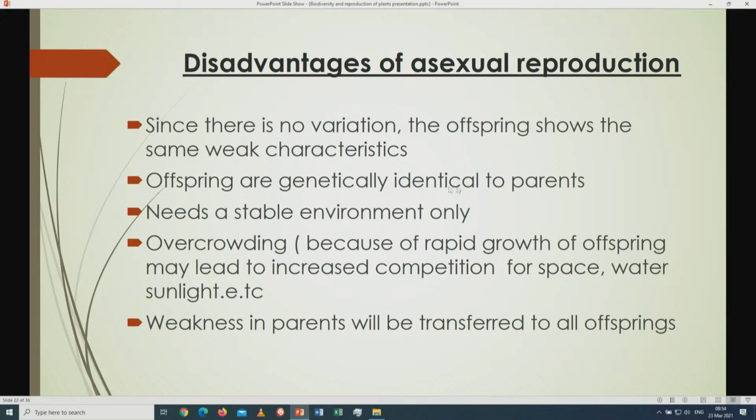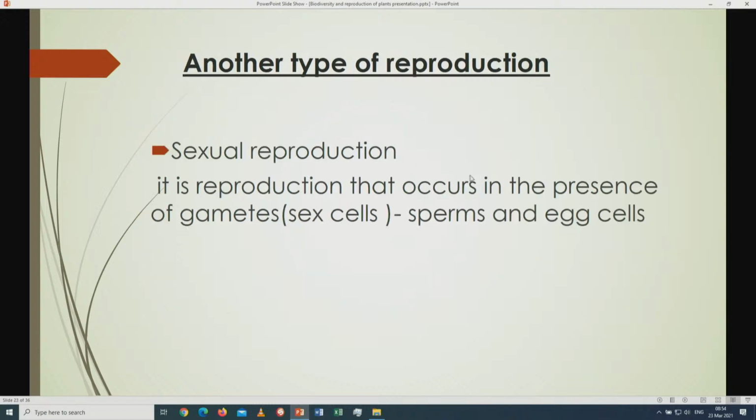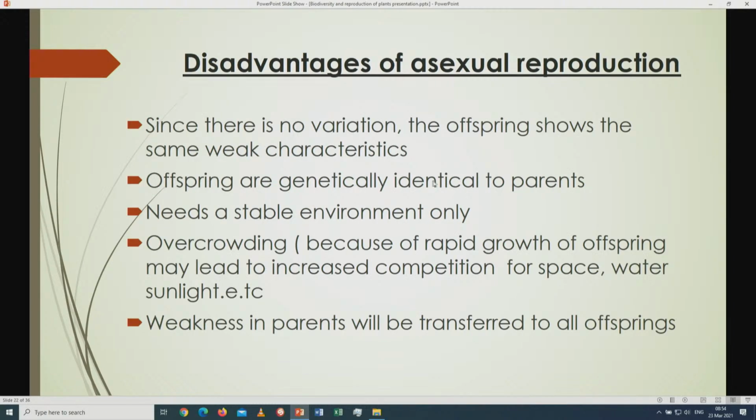Offspring are genetically identical to parents, meaning that if the parent is diseased, the offspring again will be diseased. They need a stable environment only. If the parents grow in an environment where there is water, the offspring again, they must be found in an environment where there is water also.